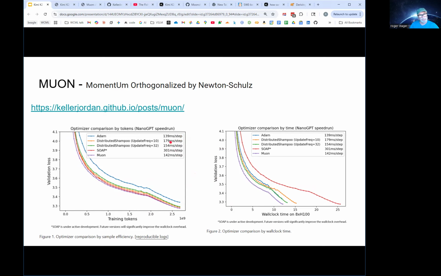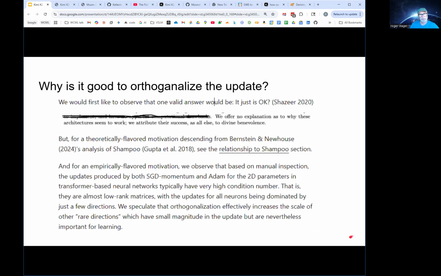So when you represent validation loss versus time, Muon again shows up well. SOAP, because it runs so slowly, is not so good. Those are the curves that say, hey, this stuff works well.